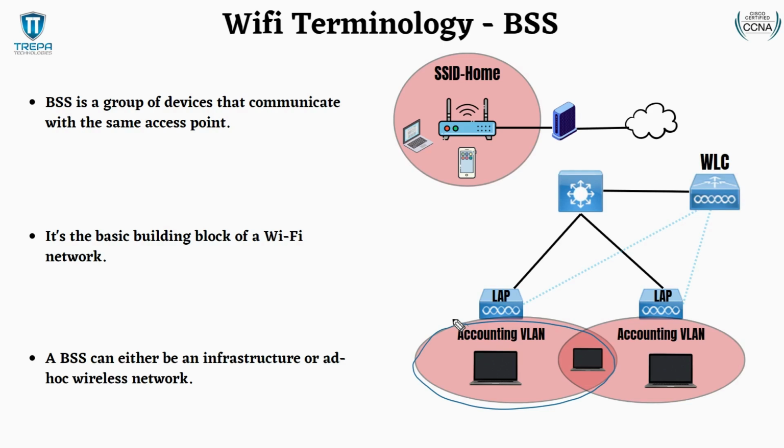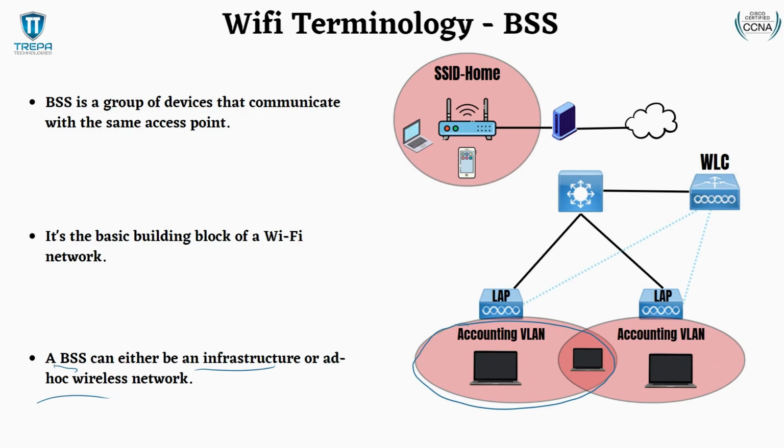So a basic service set is just the range of that Wi-Fi signal being emitted. And that's why it says here a BSS can either be an infrastructure or ad hoc wireless network. Because no matter what architecture you deploy, no matter what AP modes you have, you're always going to have a BSS because there's always going to be Wi-Fi signal emitted within a certain range.